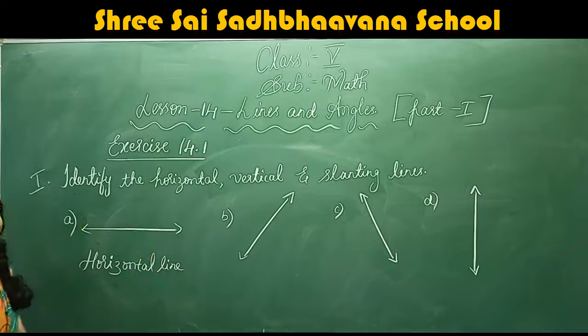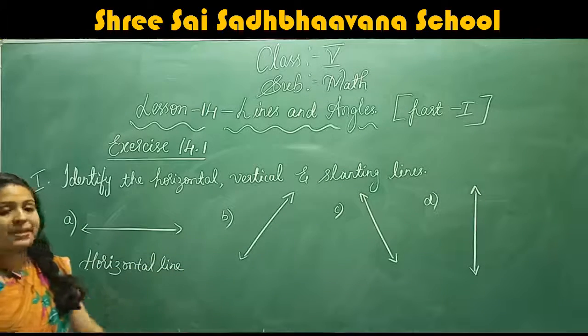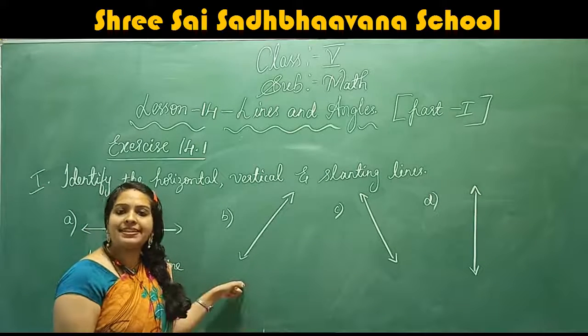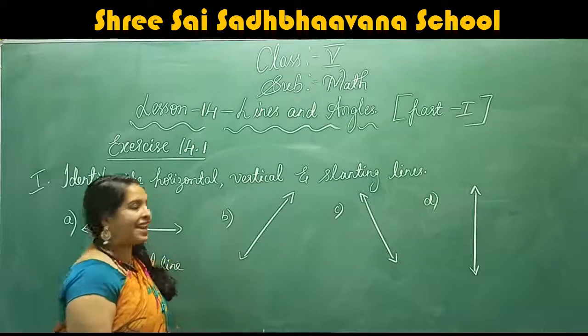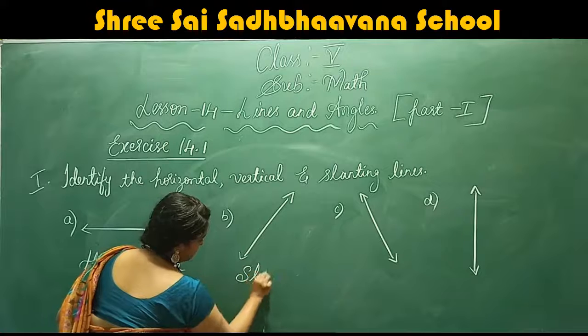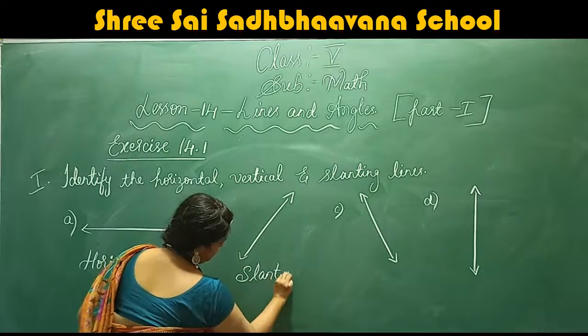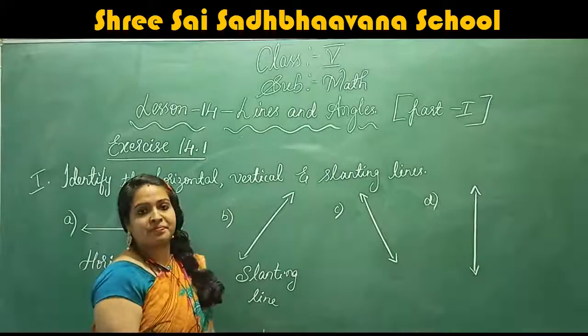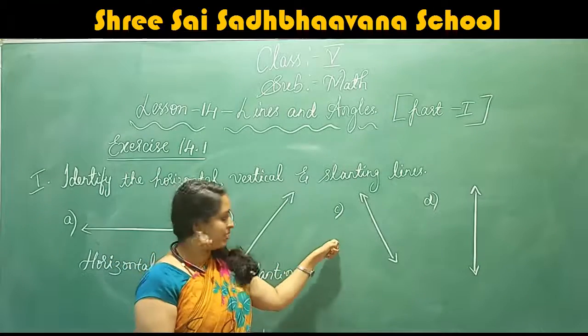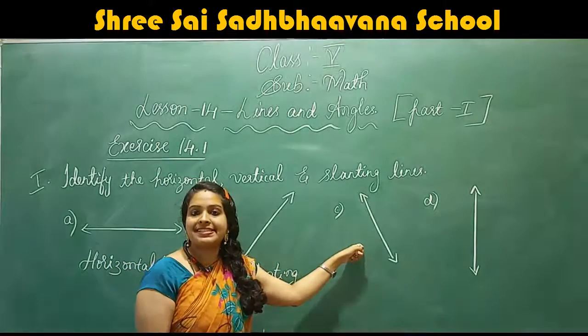Look at figure B. Which type of line is this? Yes, this is the slanting line. Look at figure C. Which type of line is this?